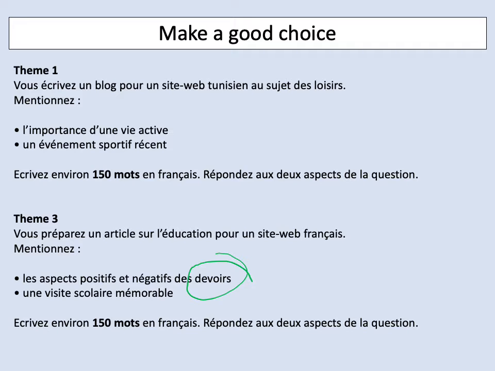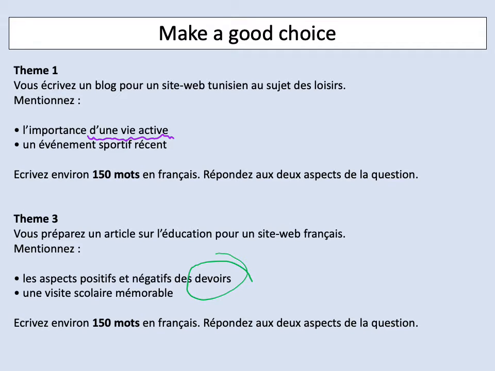So what I'm telling you, and I can't force you to do it, but in making a good choice, you need to look for the thing that's got the biggest breadth of different stuff that you could refer to, to make your life easier. So actually, we've got here d'une vie active. Now that might not jump out at you immediately as something you can answer, because you know the word devoir really well.